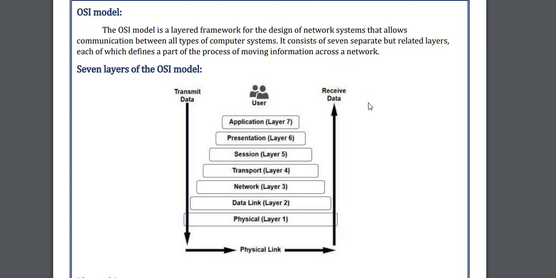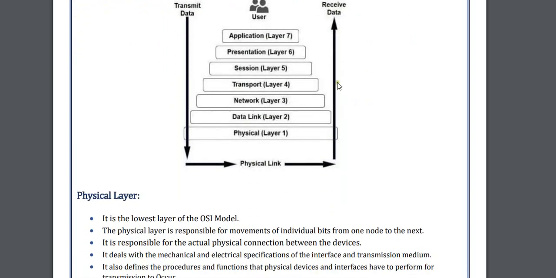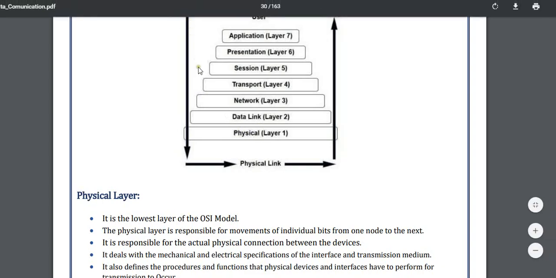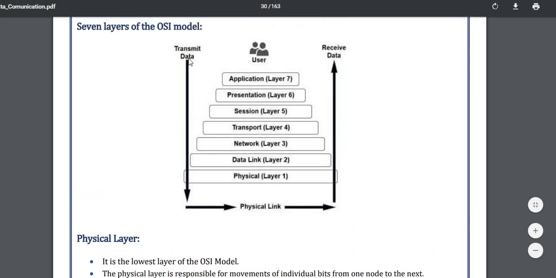Here are the 7 layers of the OSI model. First is the application layer, then the presentation layer, session layer, transport layer, network layer, data link layer, and lastly the physical layer.